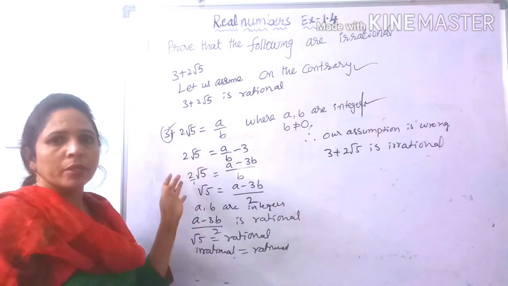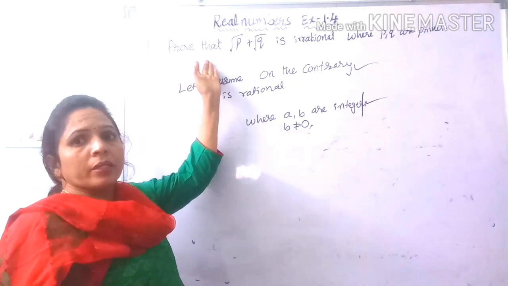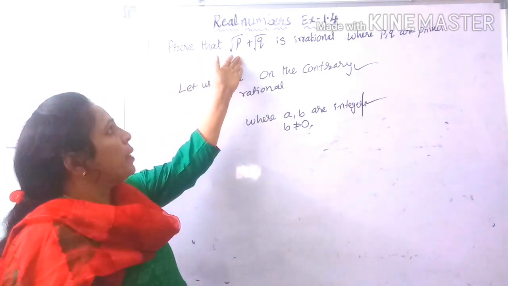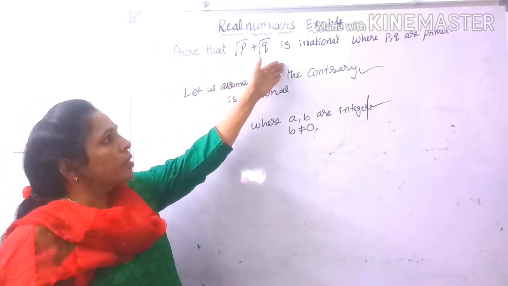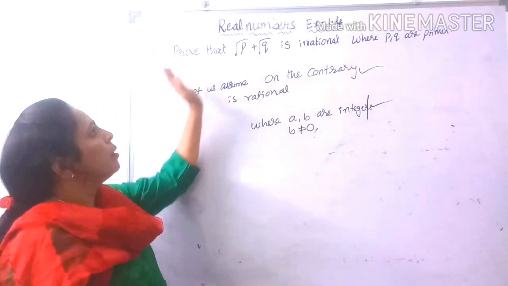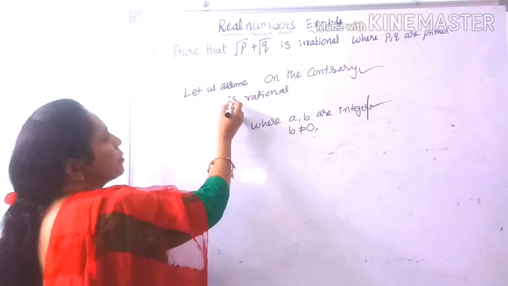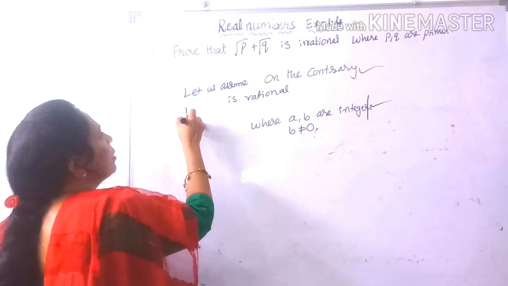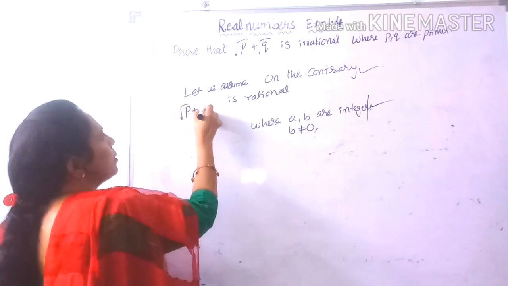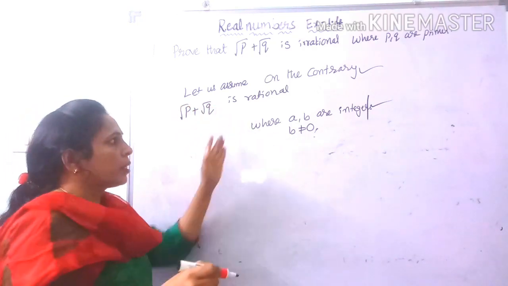All are the same steps. Last question of this exercise. Prove that root p plus root q is irrational where p, q are primes. So let us assume on the contrary, root p plus root q is rational.